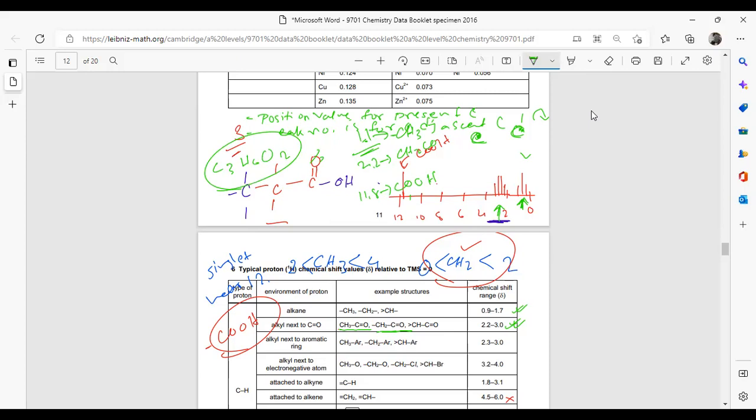Now, is there any possibility for some other portion? Let me see where this question ends. A, B, C. Okay, so that was it.